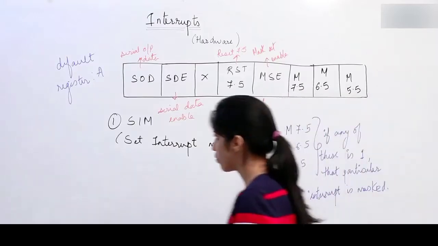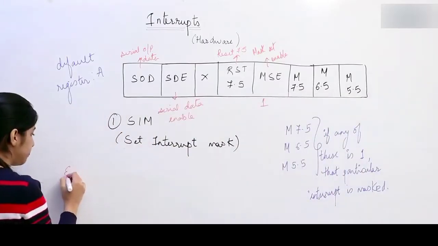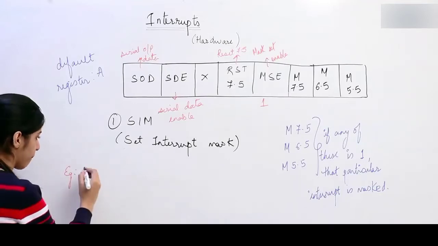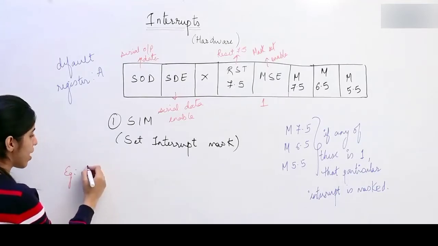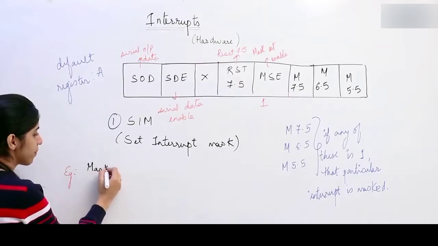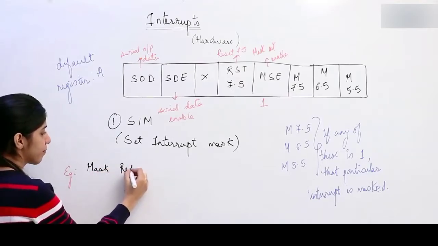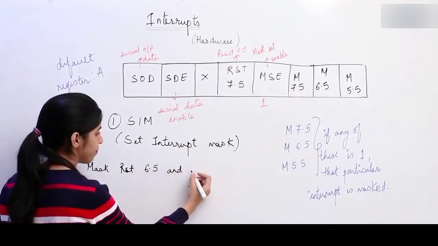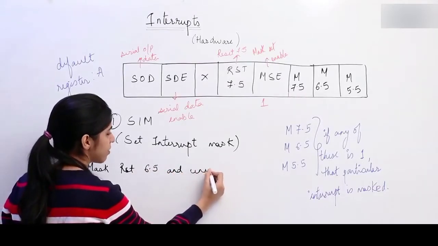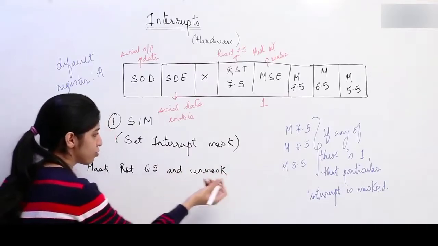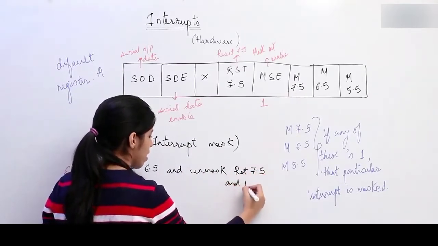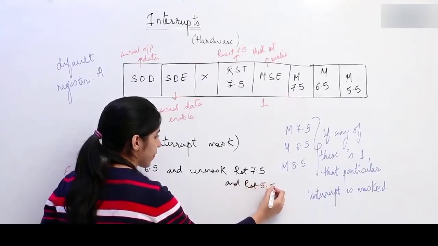Let us have a look at an example. Suppose you are asked to mask RST 6.5 and leave RST 7.5 and RST 5.5 untouched.